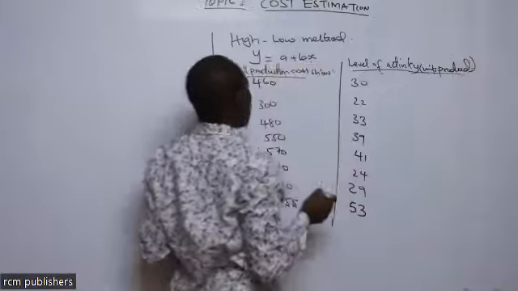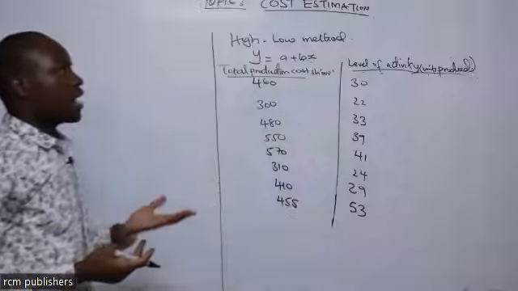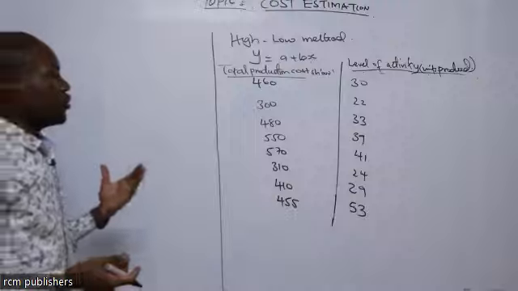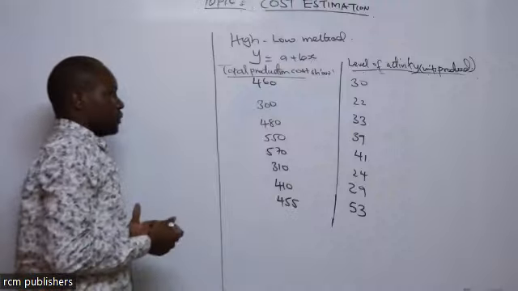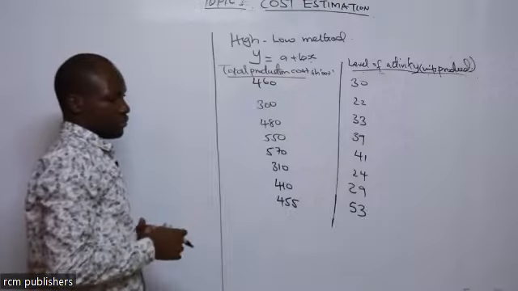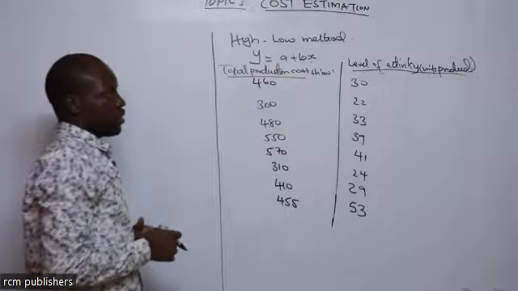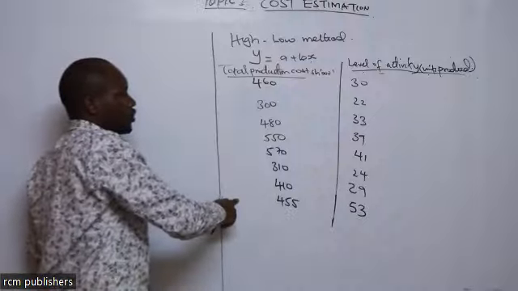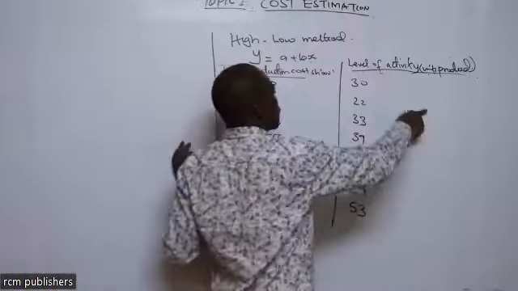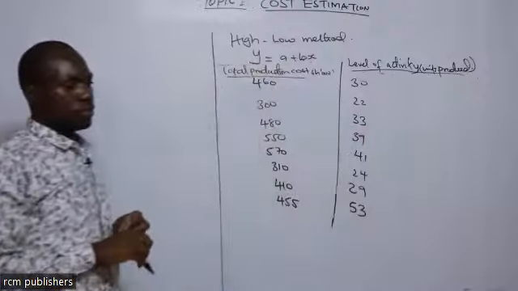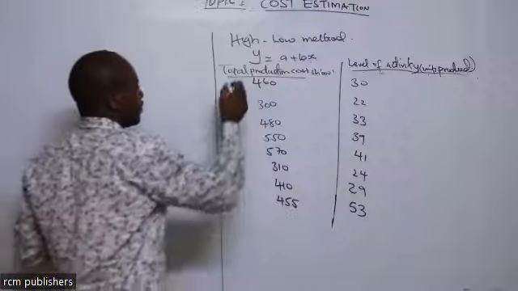So between total production cost and activity level or units produced, what are we going to have as the determinant of each other? Do I use the total production cost to get units produced, or I use units produced to arrive at the total cost? What are we going to have as y?